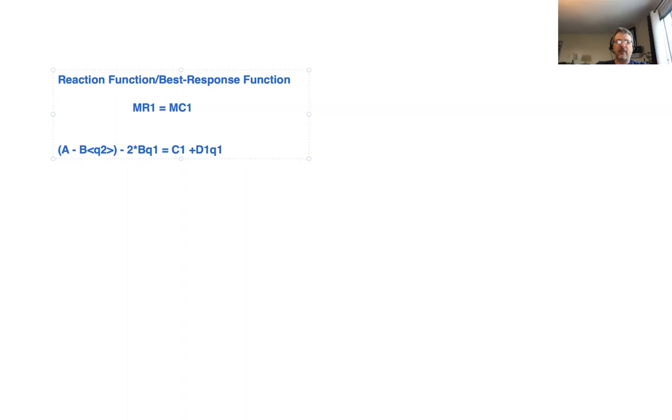So we can find the profit maximizing quantity for, in this case, firm one. The only difference is that the marginal revenue on the left-hand side is this interesting way of thinking about marginal revenue. It's the residual demand, and we're taking the marginal revenue with respect to the residual demand. So that's the really different thing.